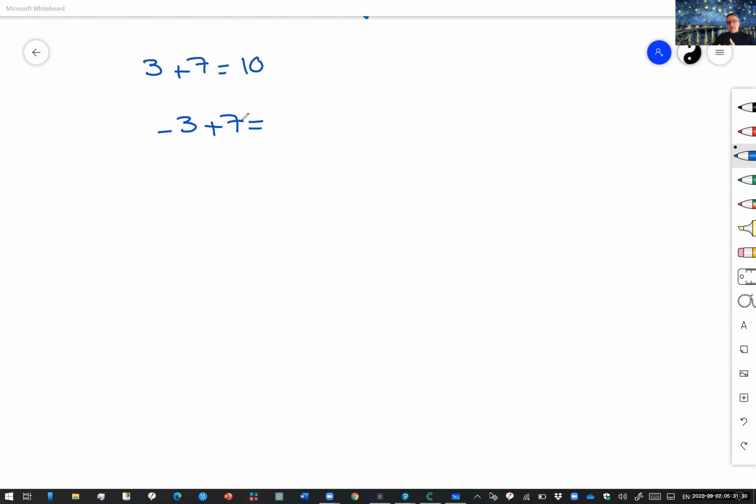So 3 from 7 is what? 4. Right. Now, what sign are you going to take? The sign on the left side of the larger number, right? So here, you're going to take positive. So it's going to be 4. Make sense?